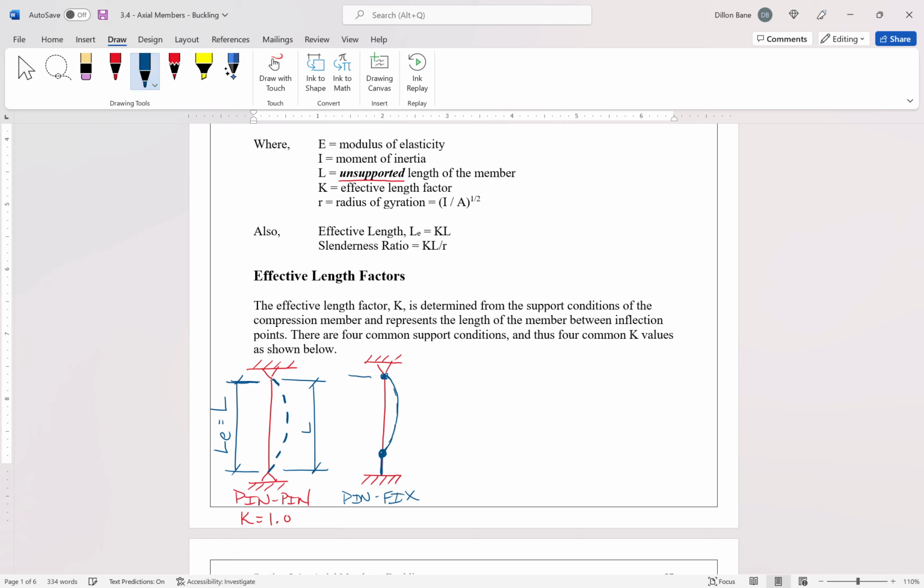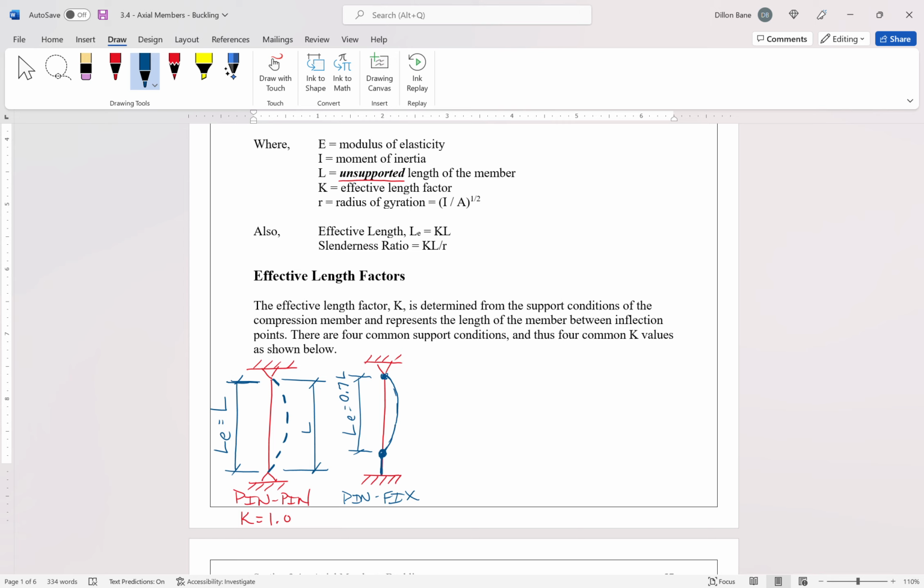The point in between inflection points is now the effective length of our column, and we call this L sub E. Through long derivations, we can figure out that L sub E is equal to 0.7 times the original length L. So if the entire length of the column from support to support is L, our effective length, the length in between the inflection points, is 0.7 L, or 70% of the original length.